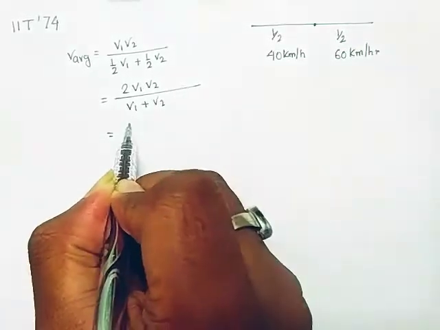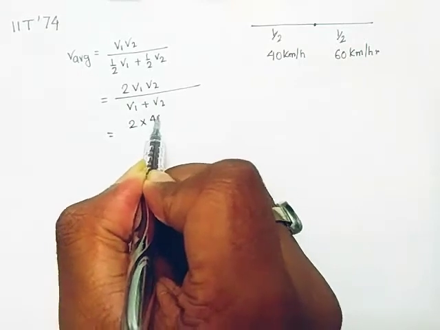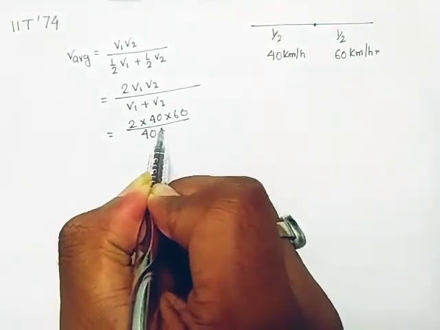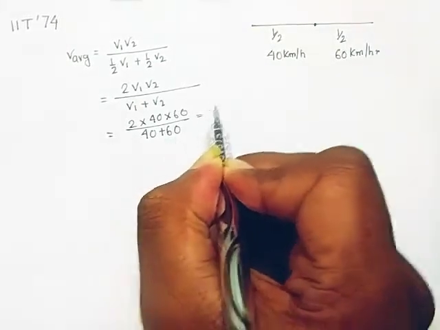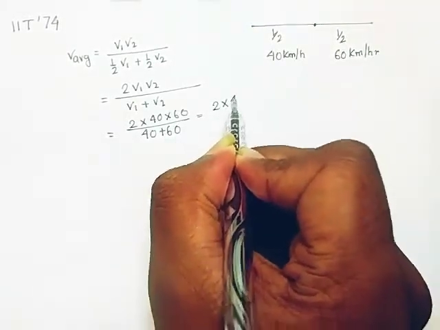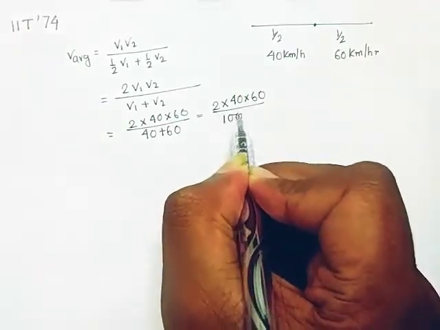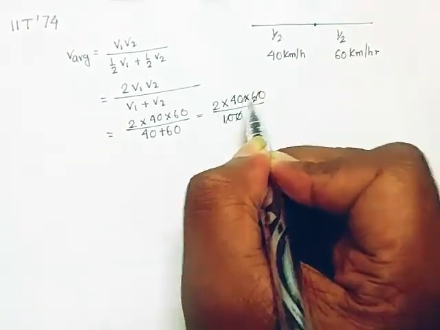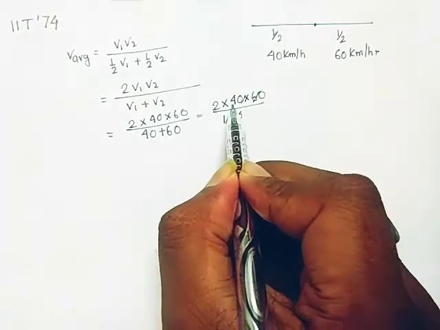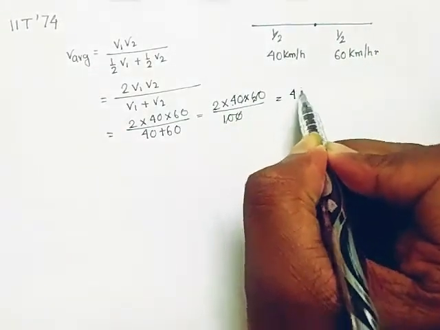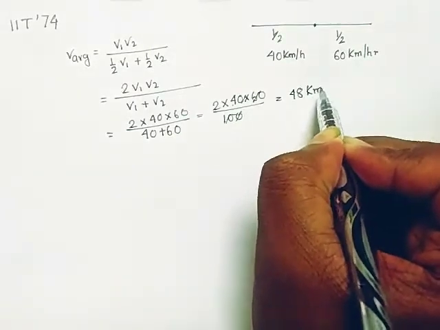So it will become 2 into 40 into 60 divided by 40 plus 60, so 2 into 40 into 60 divided by 100. These two zeros cancel out. So 4 into 2 is 8, 8 into 6 is 48 km per hour.